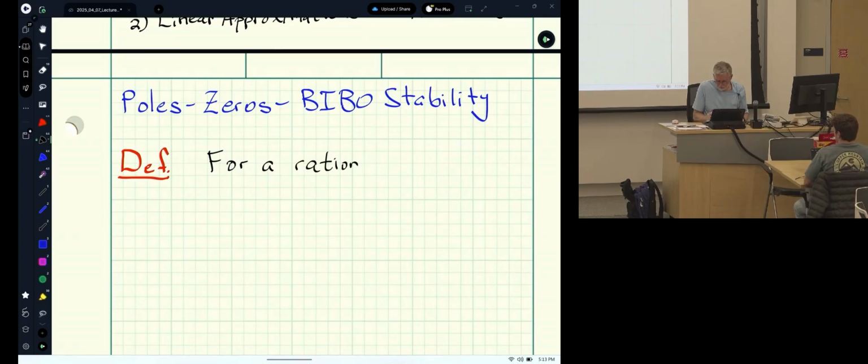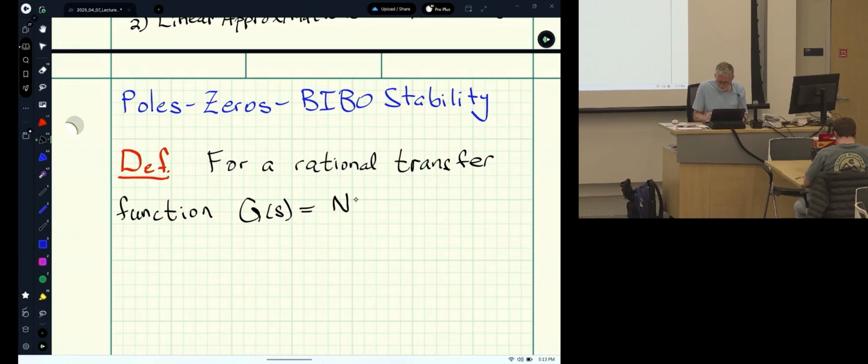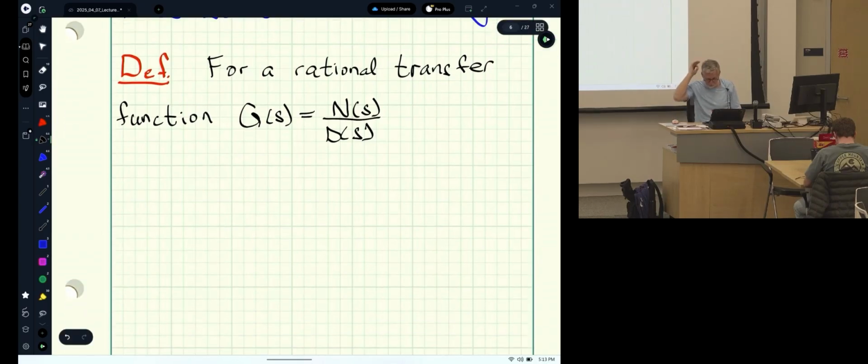So for a rational transfer function, G of s, we're going to write it as a numerator polynomial over a denominator polynomial. I don't know if that looks like a D. It looks like a deformed O, but that's a D. D for denominator, N for numerator. Okay.